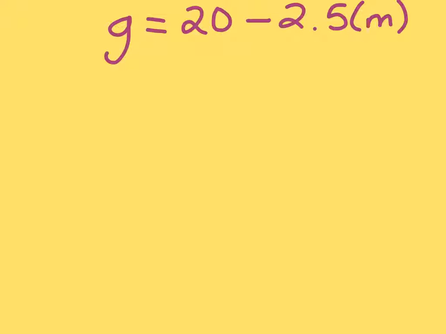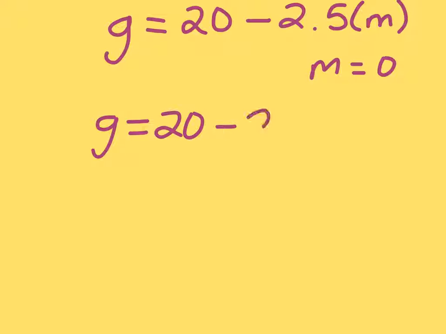Okay? So let's start with 0. Let's say that M is 0. After 0 minutes, how many gallons are there in the tub? Okay, so we have G equals 20 minus, remember the bath drains at 2.5 gallons a minute, but we haven't done any minutes yet.